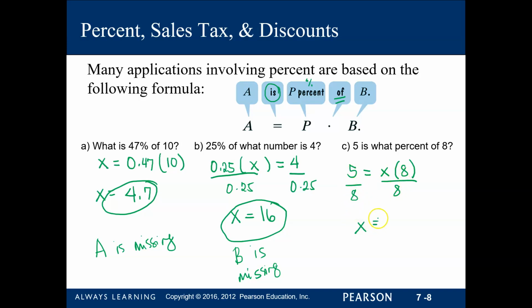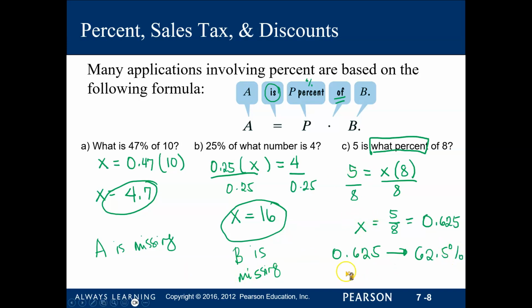So x is equal to 5 over 8, which I believe is our first example earlier. This is 0.625. But remember, we are looking for percent. So this decimal needs to be changed to percent form, and that is going to be 62.5%.